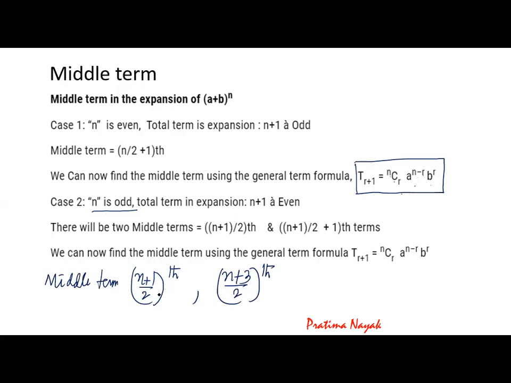For the time being, note down the formula. For example, I am writing x plus 1 by x to the power 11. So what will be the middle terms? One is 12 by 2, which is 6, and the next one will be the 7th. No need of finding the formula: one is 6, the next will be 7th. The 6th and 7th will be the middle terms.